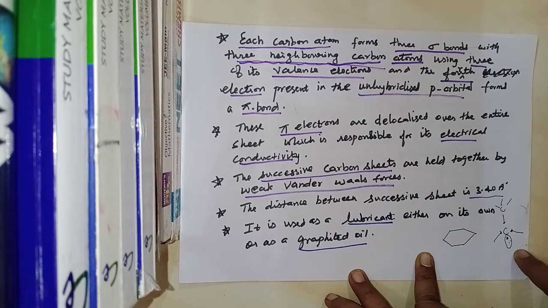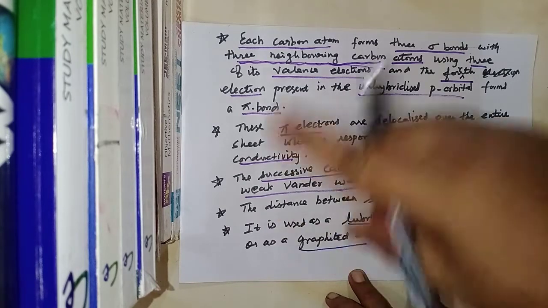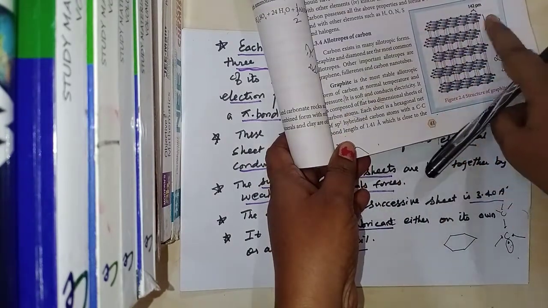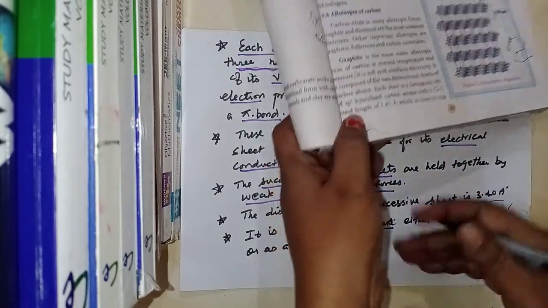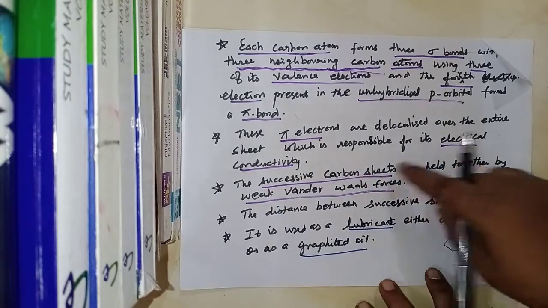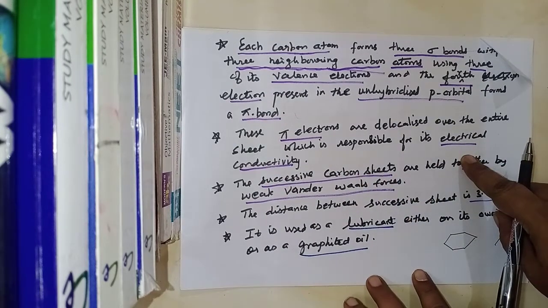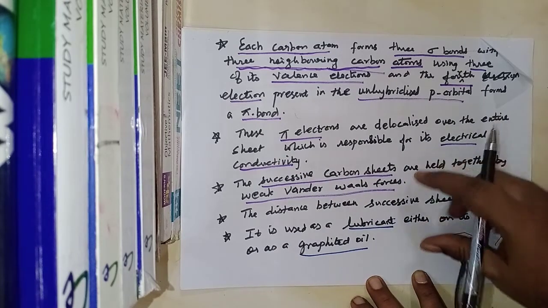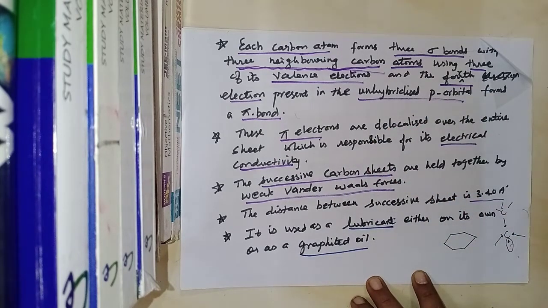These pi electrons are delocalized over the entire sheet, since every carbon has a free electron, which is responsible for electrical conductivity.